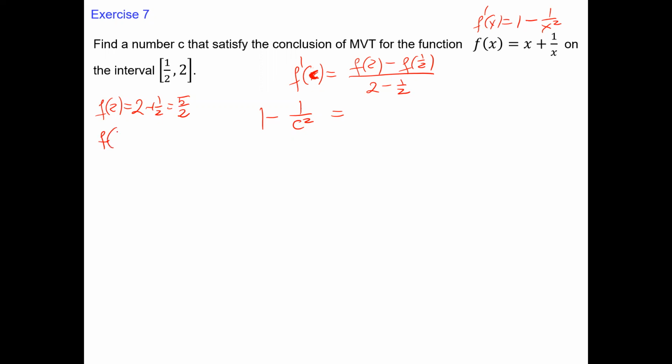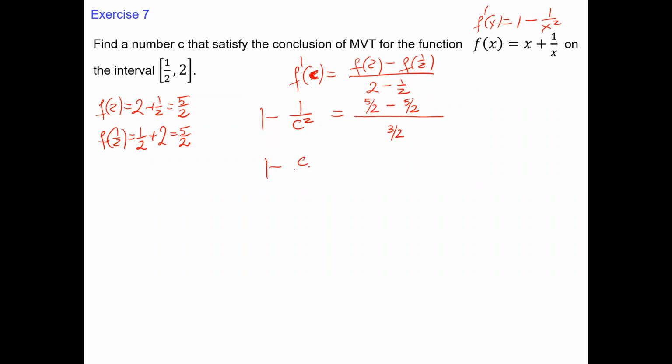Value for 1/2 will be 1/2 plus 2. Oh, the same value. Interesting. We actually have a special case, right? Value for 2 is 5 halves, value for 1/2 is 1/2 plus 2, also 5 halves. And this one will be 3 halves.